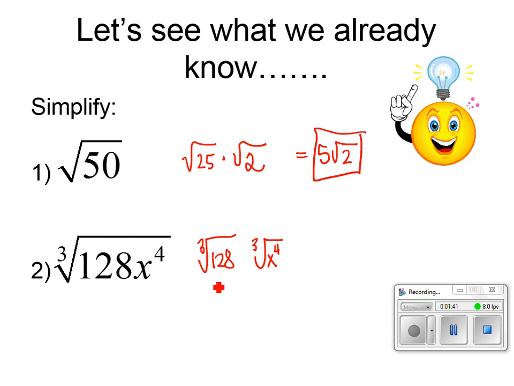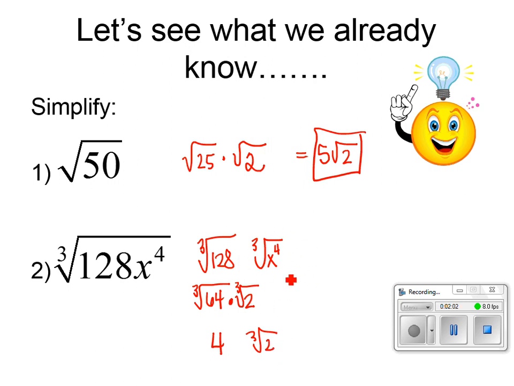Now remember, you need the largest perfect cube. And so the perfect cube that works is actually 64. That is the largest one, and it goes in there 2 times, and the cube root of 64 is 4, and the cube root of 2 stays the cube root of 2.